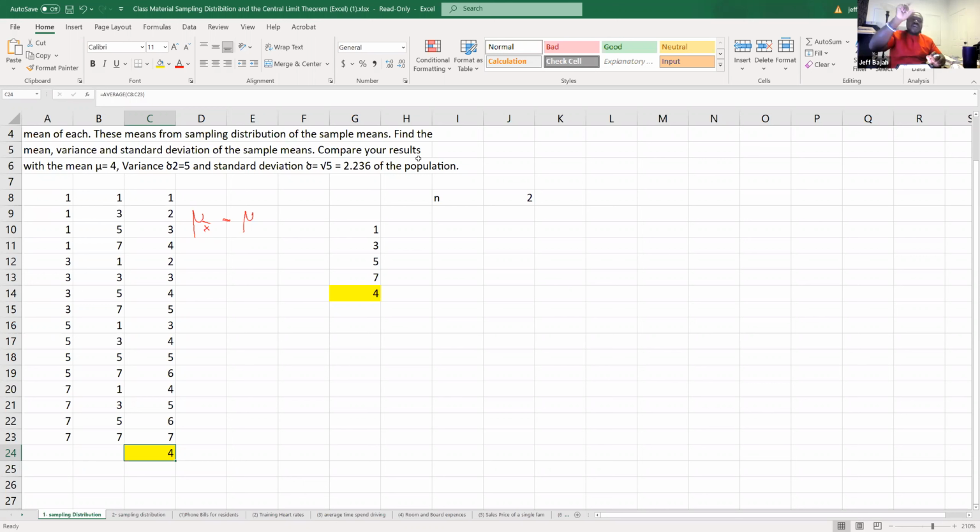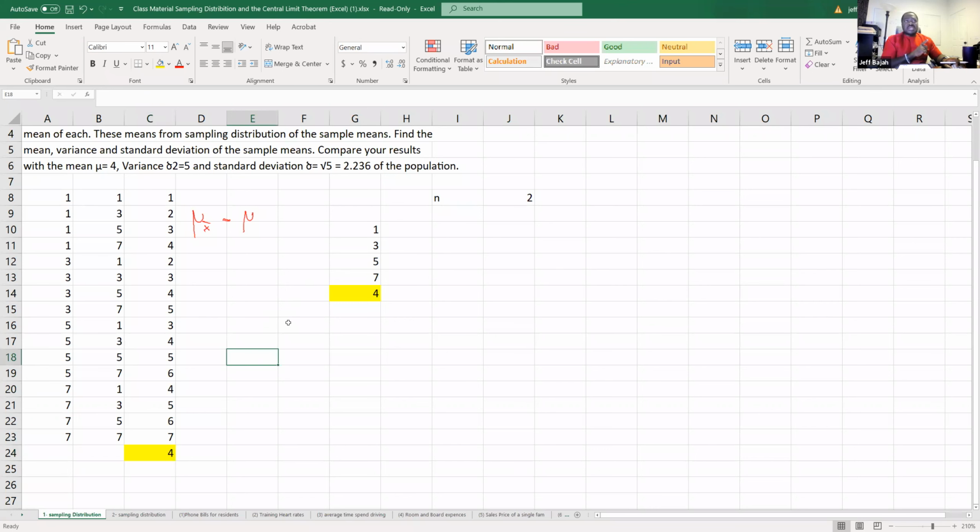Which means if I collect all the possible samples of a population, at the end of the day, my result will be the same as what? If I get my sample means and I find the average of my sample means, it'll be equal to what? Thank you, population mean. That's the first theory.